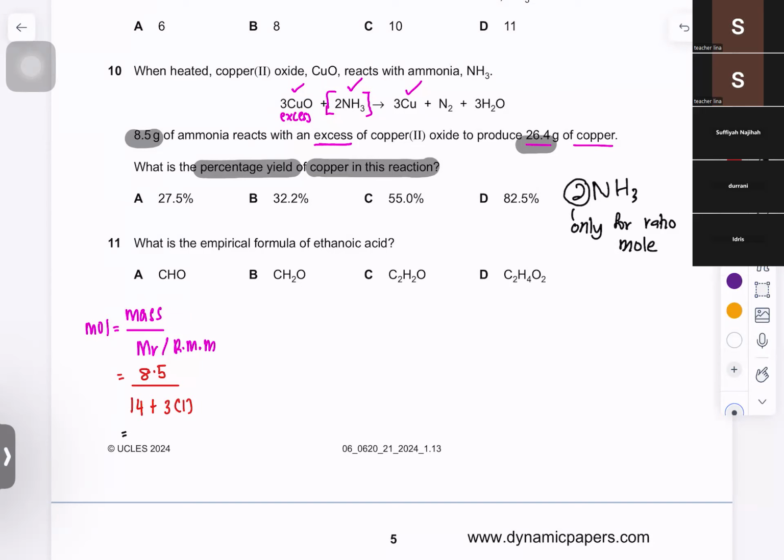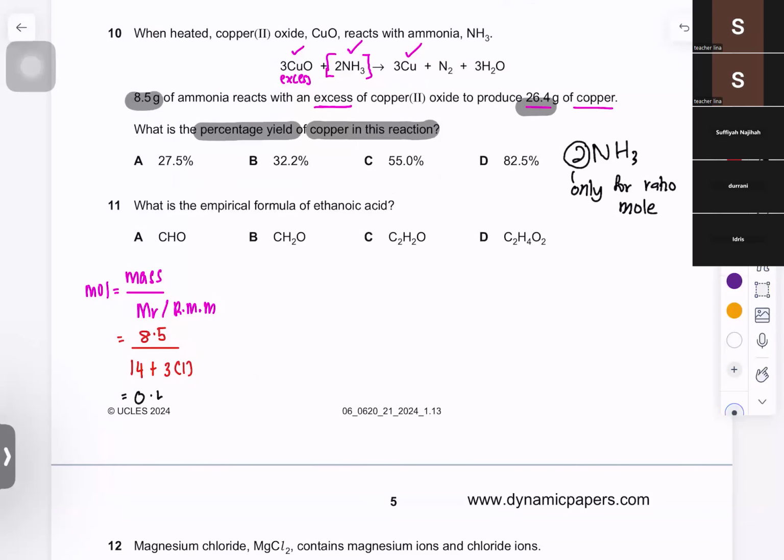So 8.5 over 14 plus 3. Where is the calculator? Please help teacher calculate: 8.5 divided by 14 plus 3. We get 0.5, right? Okay, first step done.